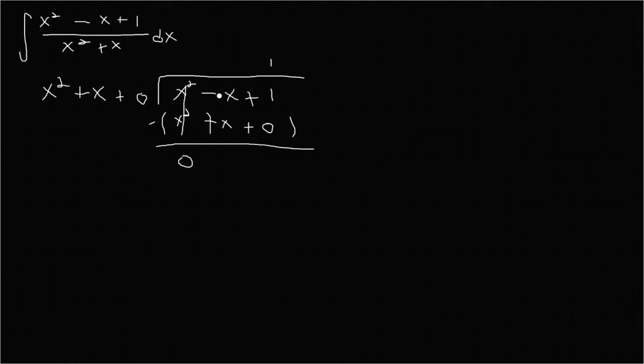And then negative x minus positive x is negative 2x. And then 1 minus 0 is just 1. So now we have this over our denominator.